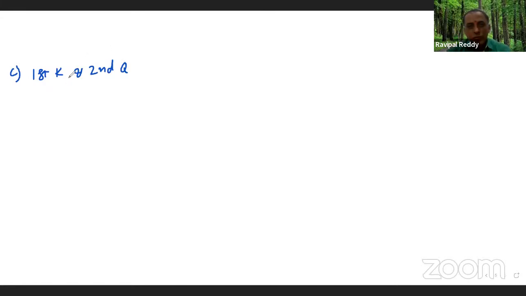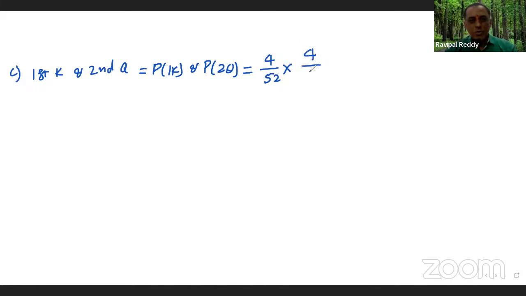What is the probability? Probability of first card king and probability of second card queen. How many kings are there in a pack? 4 kings, 4 by 52, into how many queens are there? We take one king, but queens, 4 queens are there, by the total number of cards, which is 51 only.